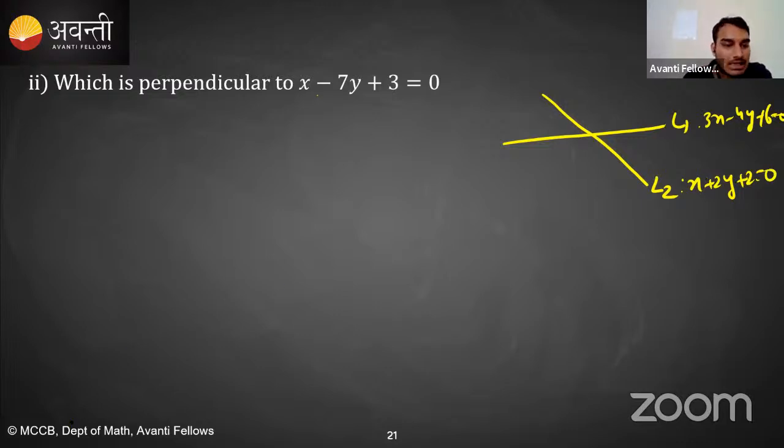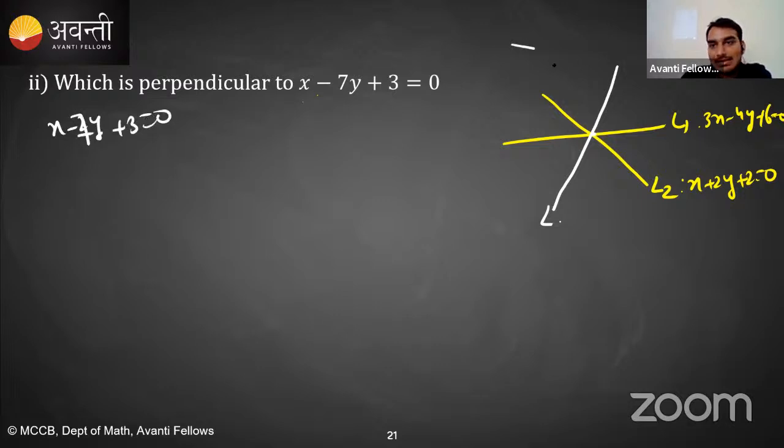Now the question is saying that the required line is passing through the point of intersection of these two lines, but is also perpendicular to this line. So let's say this is the required line L, and the given line is x minus 7y plus 3 is equal to 0.